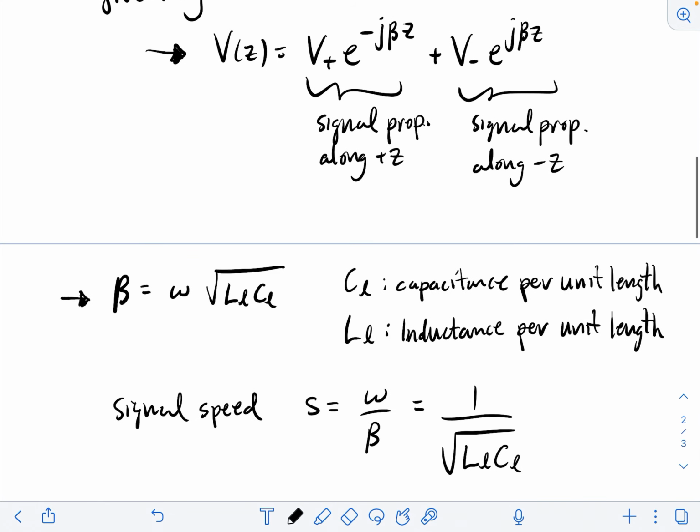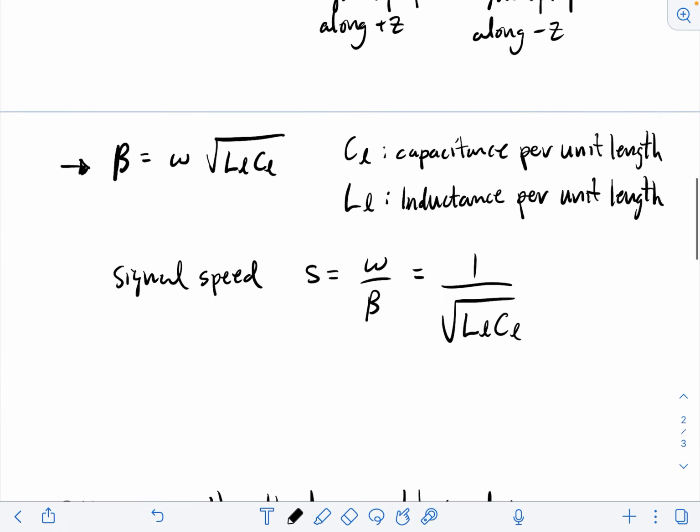We also analyzed the propagation speed of our signals, equal to omega over beta. We showed that for a set of parallel conductors in free space, the speed comes out to be the speed of light.